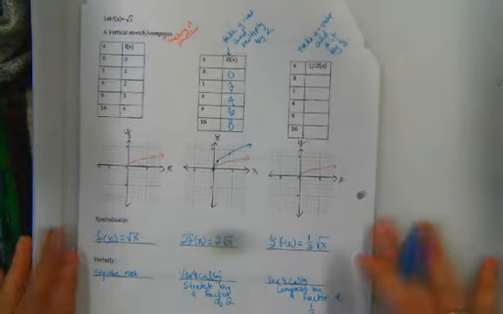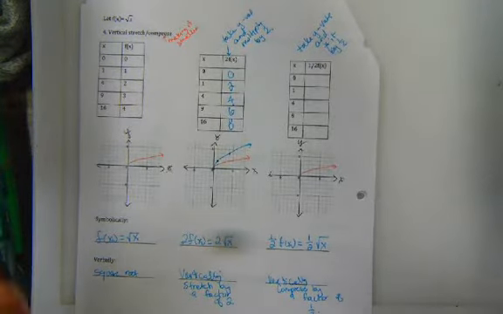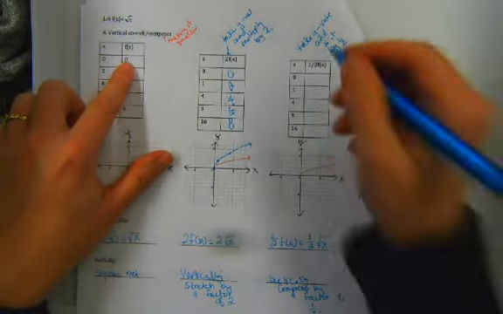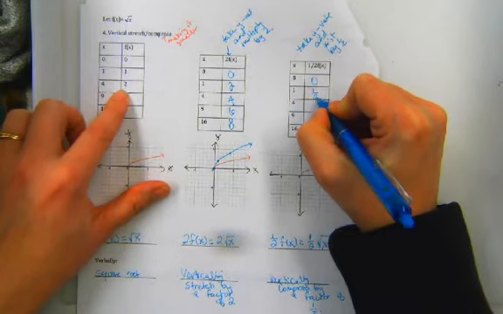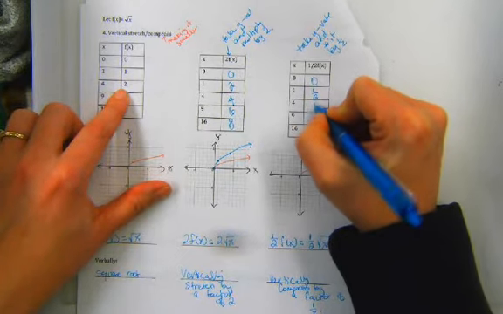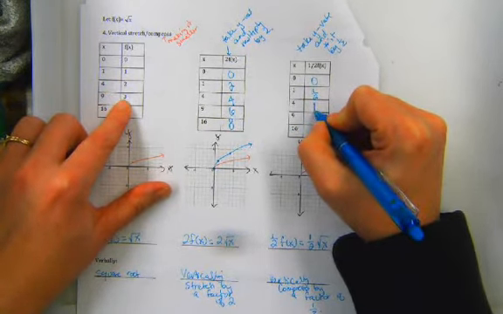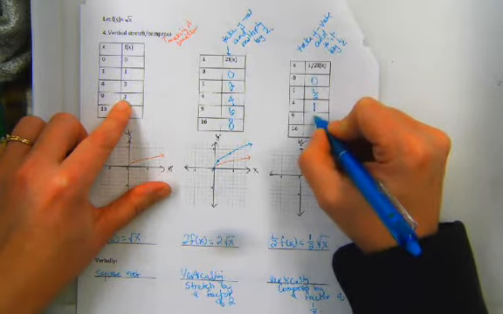I could have. 0 divided by 2 is just 0. 1 divided by 2 is 1/2. 2 divided by 2 is 1. 3 divided by 2 is 3/2. 4 divided by 2 is just 2.